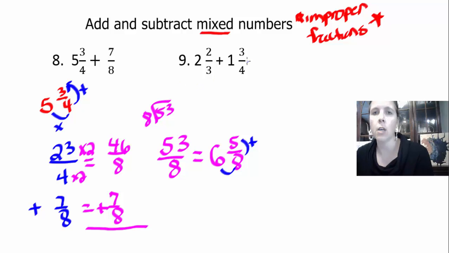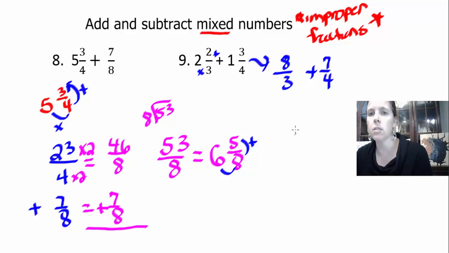Going over here, 2 times 3, remember we multiply, then we add. 2 times 3 is 6, 7, 8/3, plus 1 times 4 is 4, plus 3 is 7/4. So we have 8/3 plus 7/4. Our common denominator would be what?